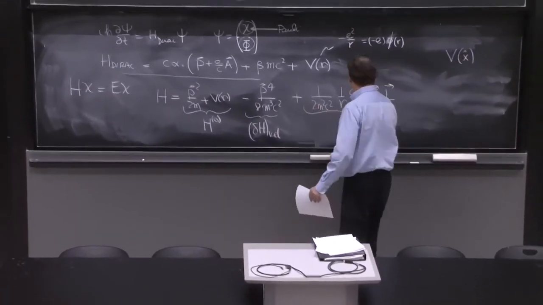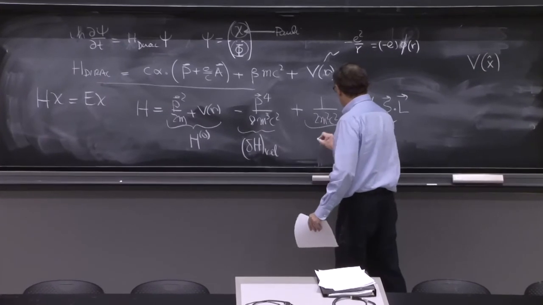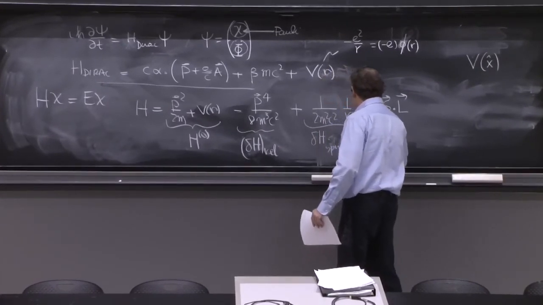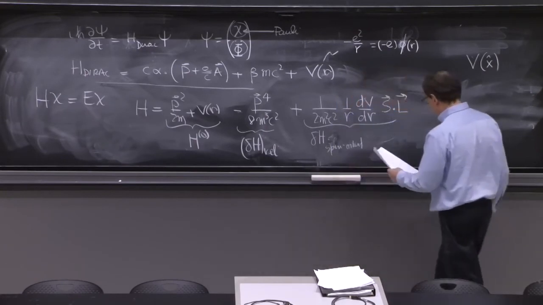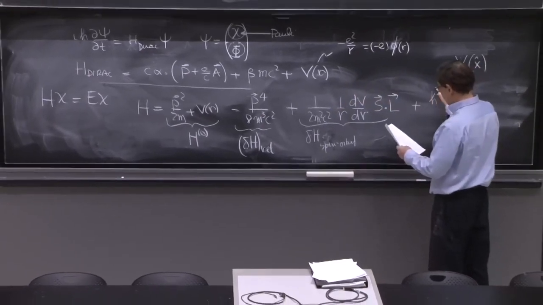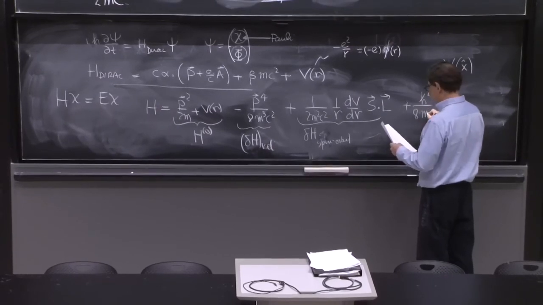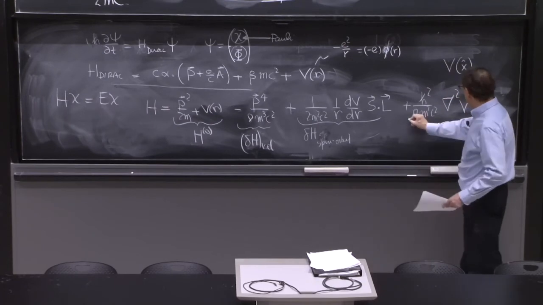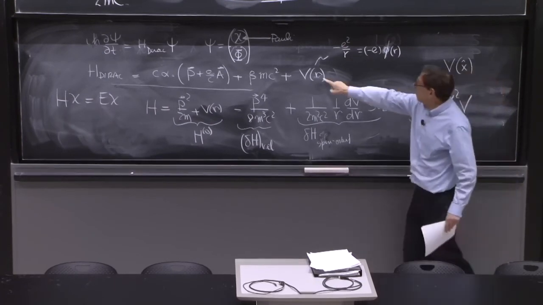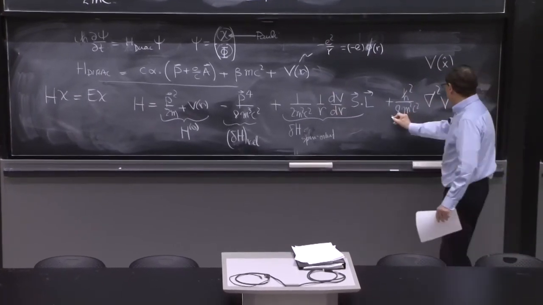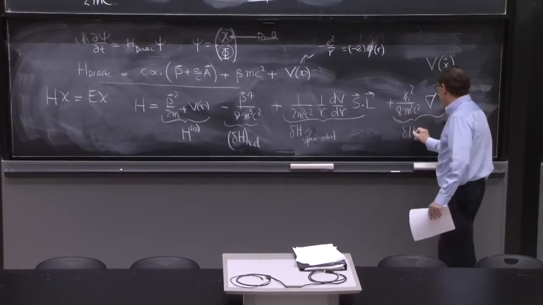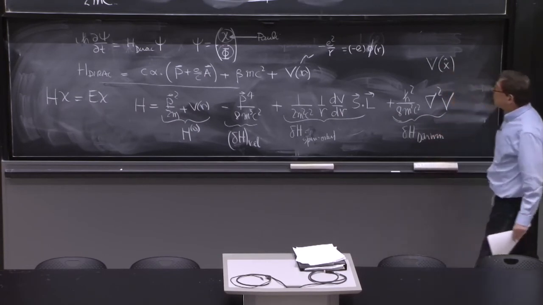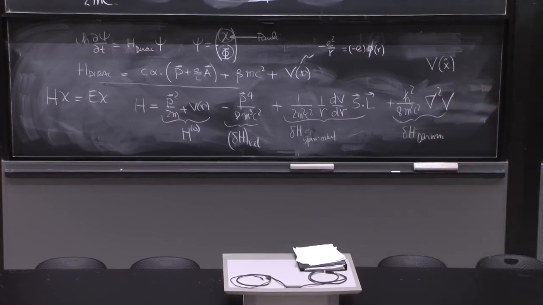This is called spin-orbit coupling, delta H spin-orbit. And there's one more term, plus h bar squared over 8m squared c squared, Laplacian of V, this V of r, which is called the Darwin term, delta H Darwin. Not the biologist, some Darwin.